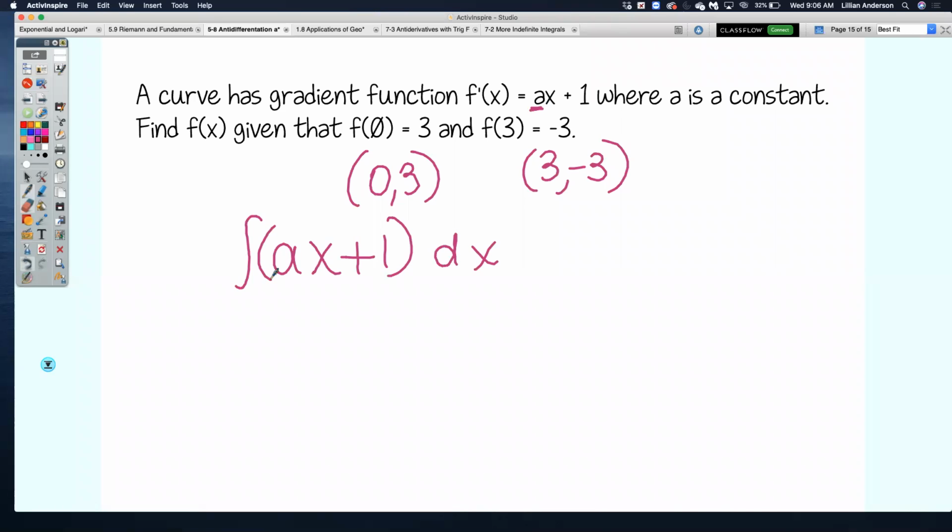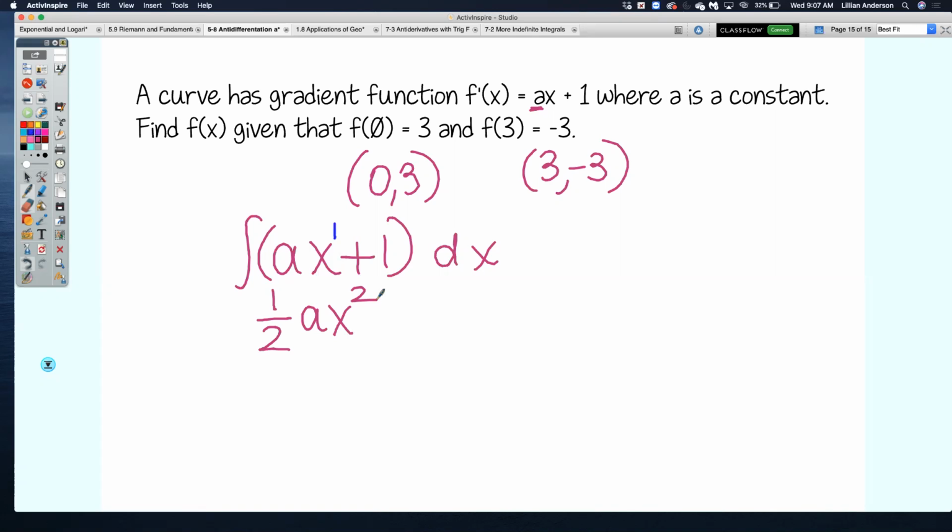Remember, a is just the constant. You add 1 to your exponent and divide by the new exponent. So this turns into 1 over 2 ax squared. Did everybody get that?